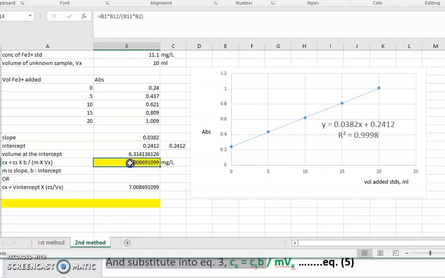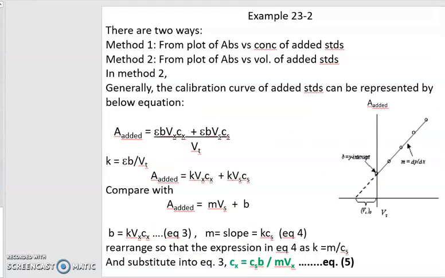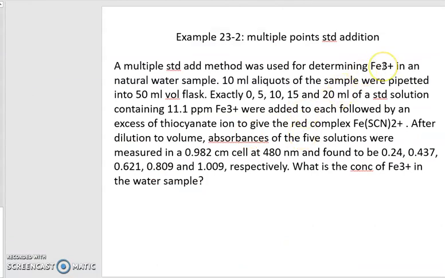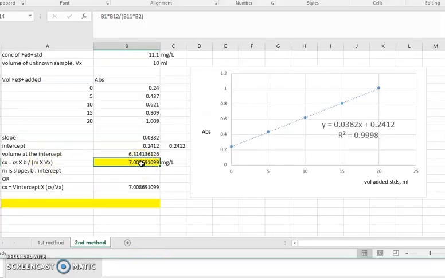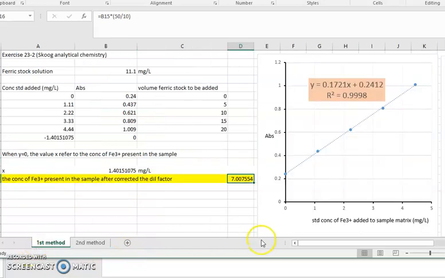The concentration in this example is of iron in the 10 mL of water. I would like to highlight here that the concentration you obtain, either using the calibration curve with the x-axis in the unit of volume or in the unit of concentration, is similar.